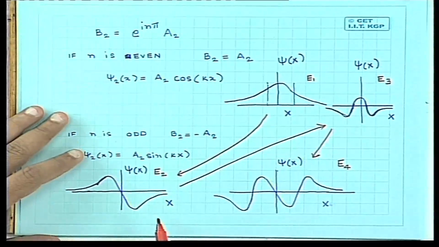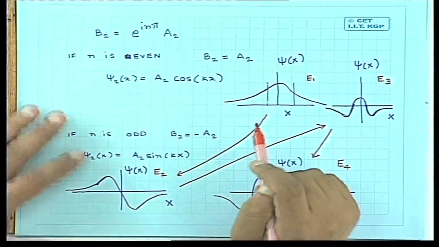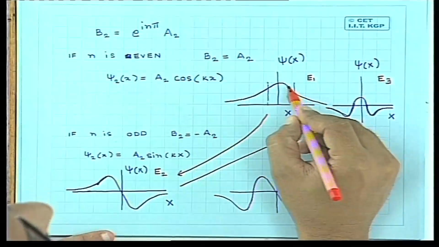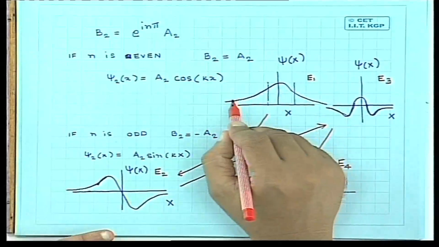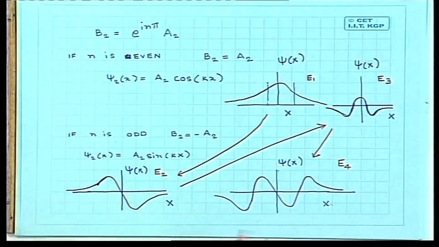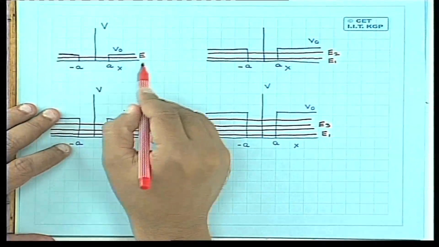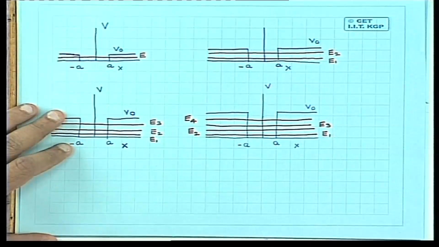The simplest case, which is the smallest allowed energy, is going to be a cos function like this, and we have to match the boundary conditions with the exponential on the two sides, and it is going to decay like this. So this is the wave function corresponding to this situation. This was an even solution. This is the lowest energy even solution.